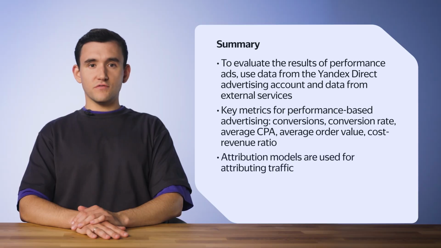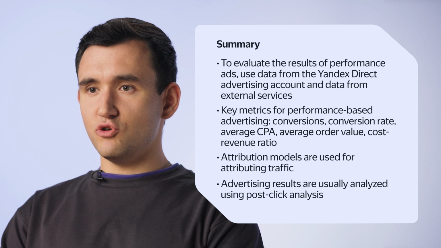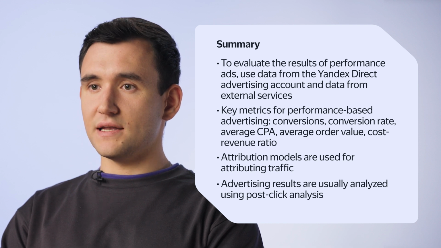To attribute conversions to this or that ad campaign and source, advertisers usually use attribution models. The most popular ones are the last click and the last non-direct click models. Finally, advertising results are usually analyzed using post-click analysis.